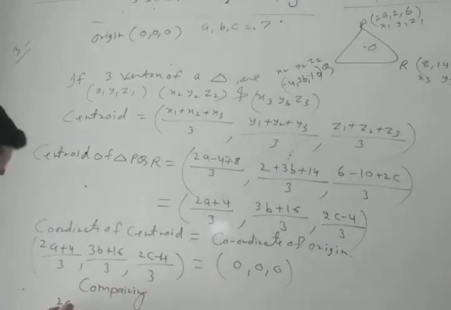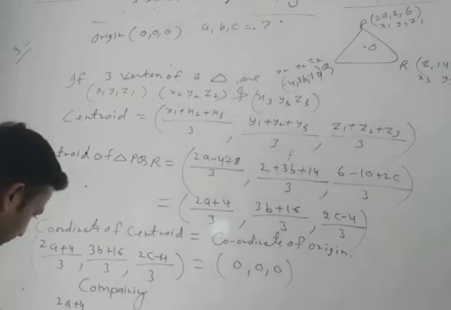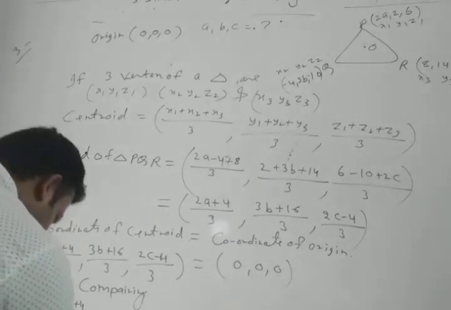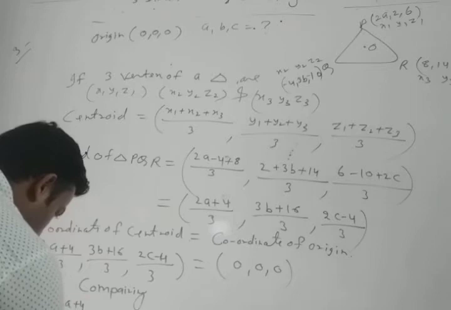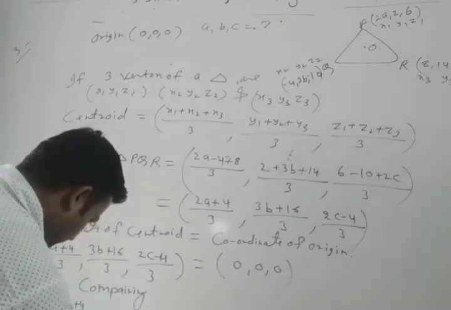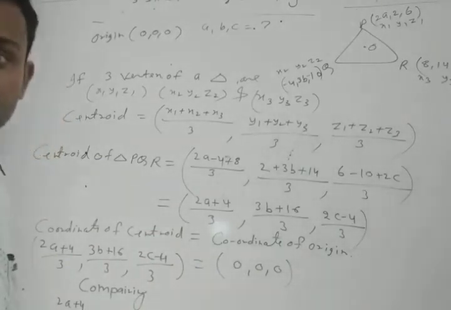We get 2a plus 4 by 3 is equal to 0, this implies 2a is minus 4. So a is equal to minus 4 by 2, this is minus 2. So a is minus 2.